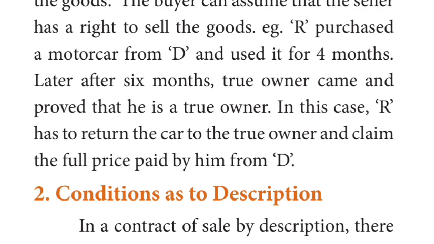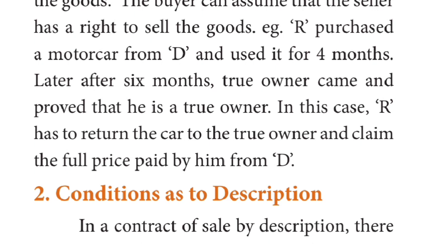The example given here is R purchased a motor car from D and used it for 4 months. So R is the buyer, D is the seller. But after using it for more than 4 months, in the 6th month, the true owner, that means D is not the true owner, comes back and proves that he is the owner of the car.